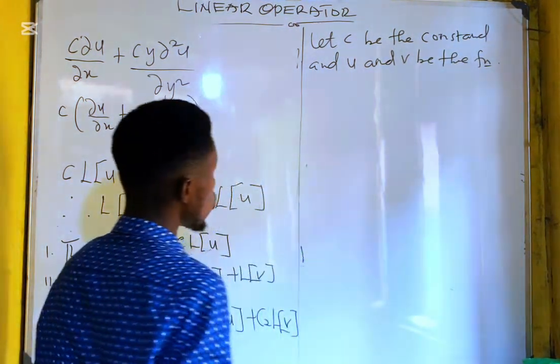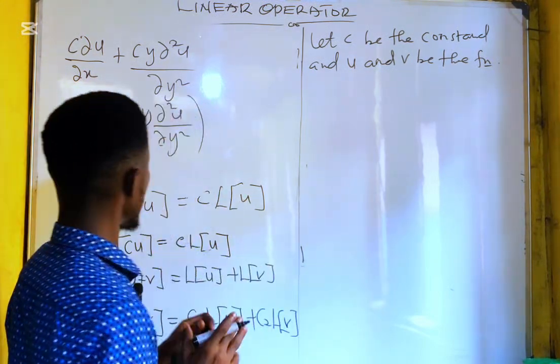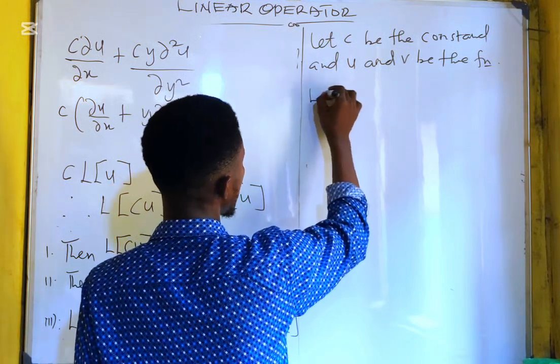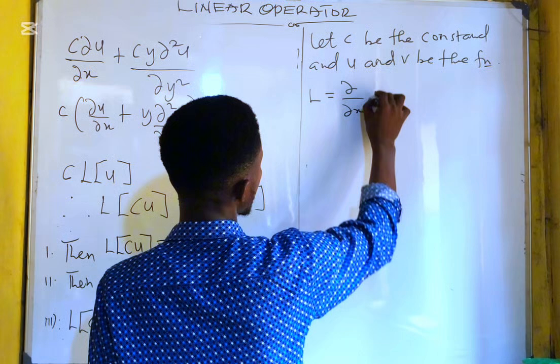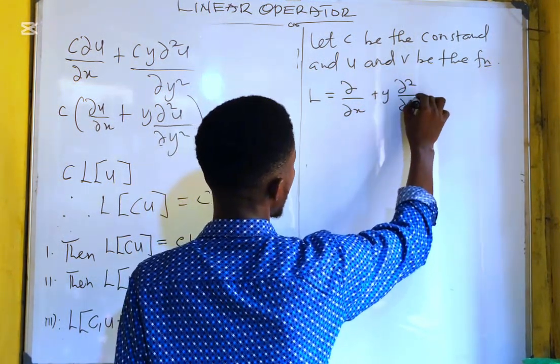Okay, so per the rule, the definition was given to us in the question. They gave us L in the question as ∂/∂x plus y ∂²/∂y².